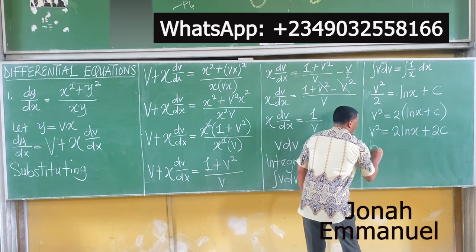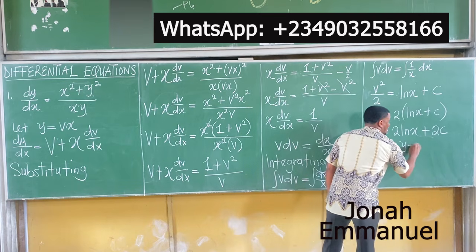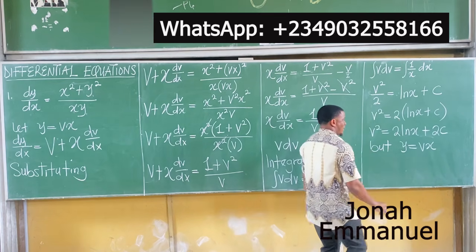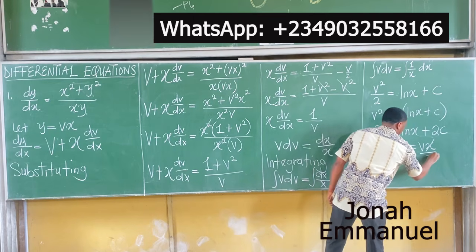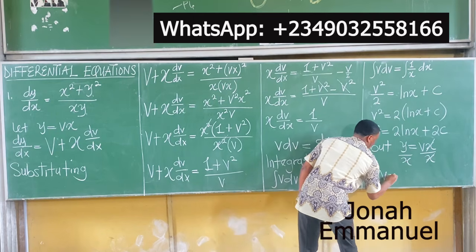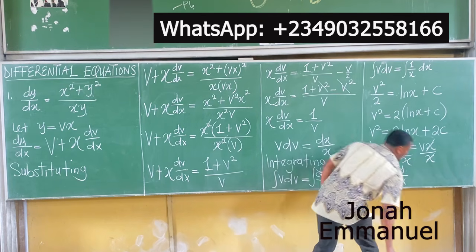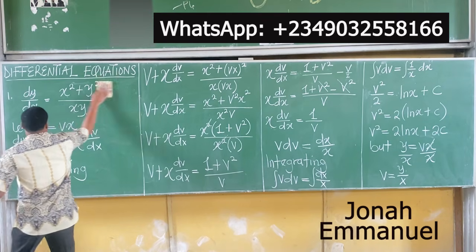Recall that the relationship between v and y is that y is equal to vx. From here, what's your v? I'll have to divide by x on both sides. This cancels this, so v gives you y over x. After solving, you have to resubstitute the value of v as y over x.